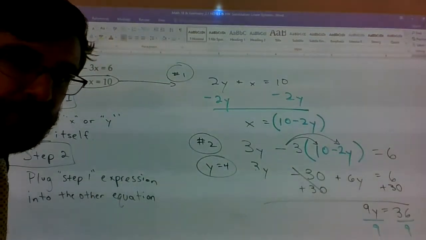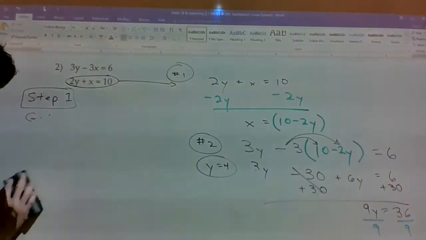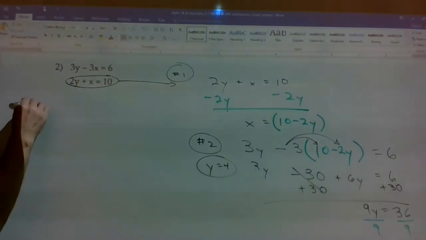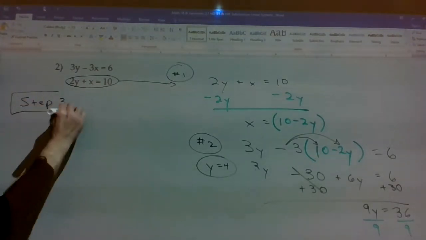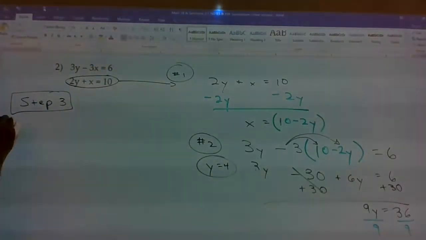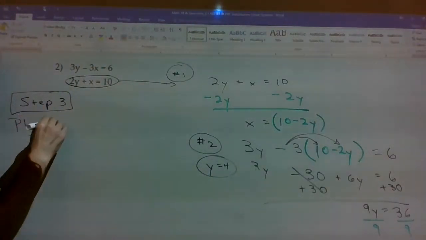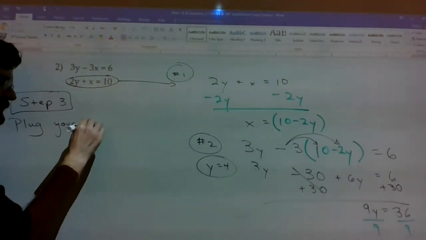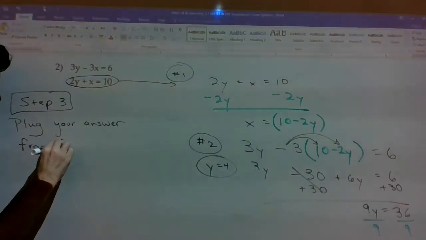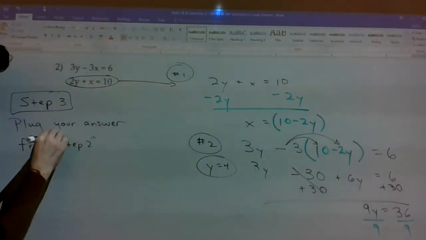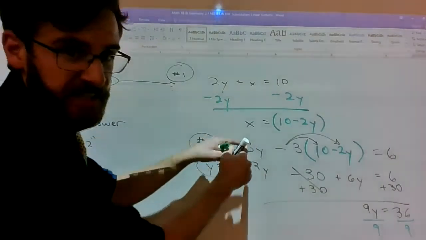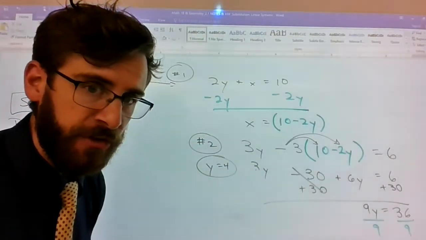All right, step 3. I'm taking my answer from step 2. Plug your answer from step 2 into the equation from step 1, because it's the most convenient equation to solve for the other variable.